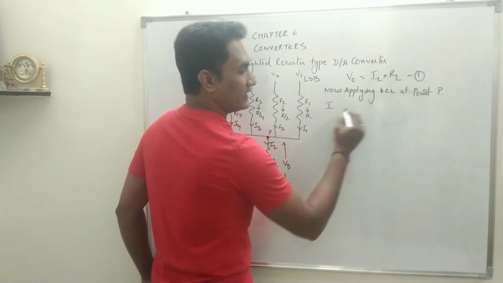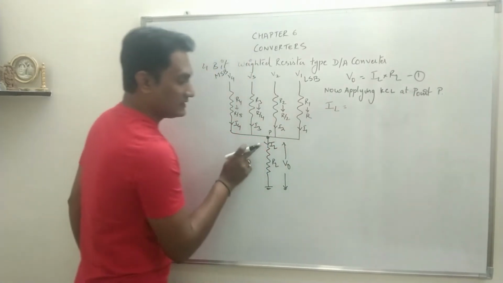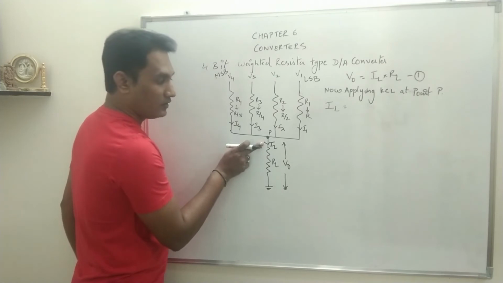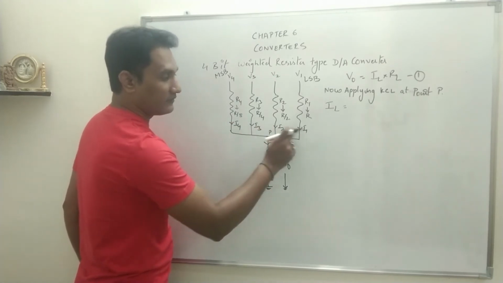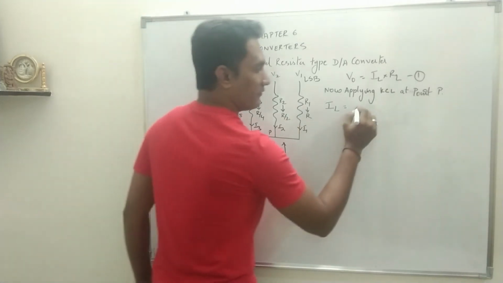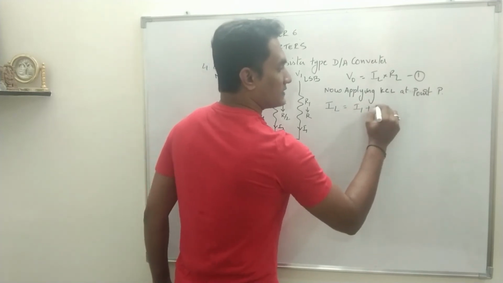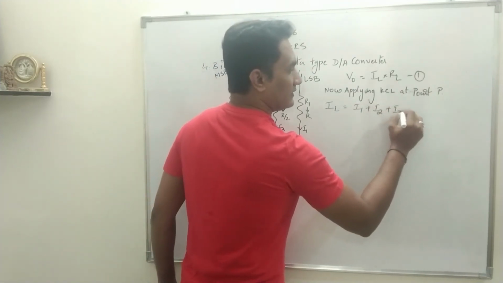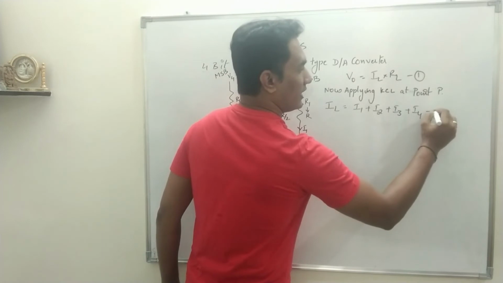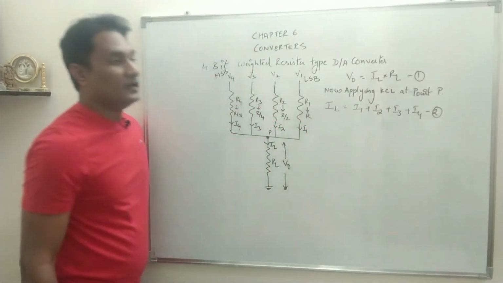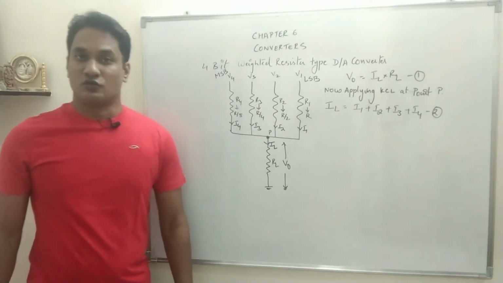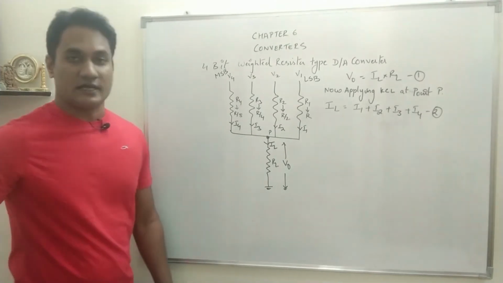So when you apply KCL at point P, IL is the current flowing away from the node, and the current entering the node is I1 plus I2 plus I3 plus I4. So IL is equal to I1 plus I2 plus I3 plus I4. Let this be equation number 2. I hope you have understood that step.